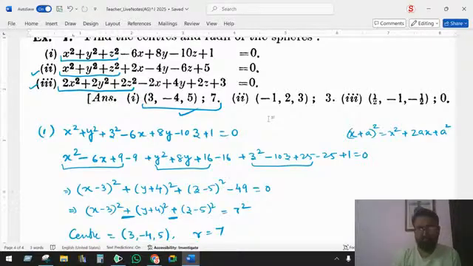Sir, by taking two common, we can do. You have to take 2 common and make the constant as 3/2. So no need of taking for 3. Without 3, we can do.